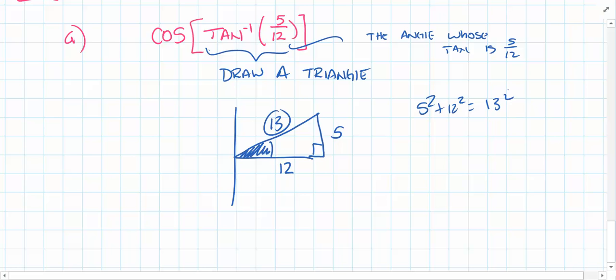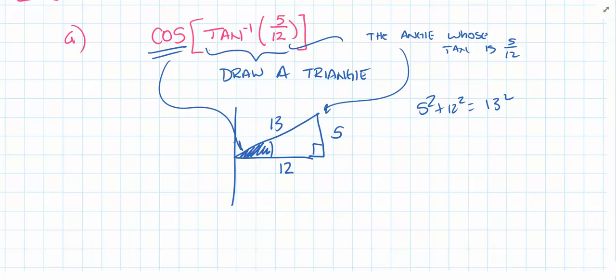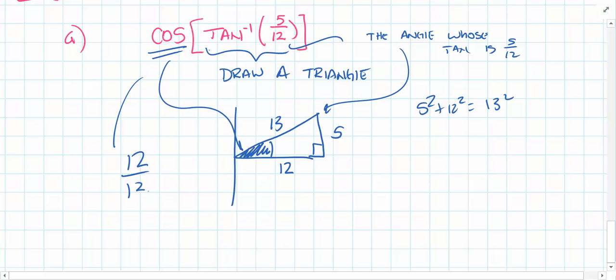Now that I have my picture of my right triangle drawn with an angle whose tangent is 5/12, all I have to do is take the cosine of the angle. The cosine is defined to be the adjacent over the hypotenuse. So all of this is equal to the adjacent, which is 12, divided by the hypotenuse, which is 13, and that's the answer.